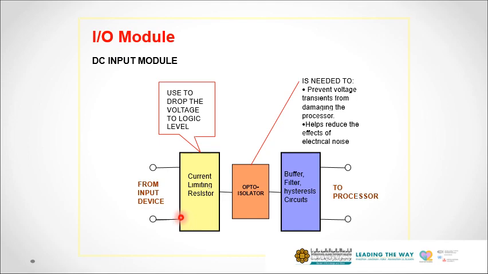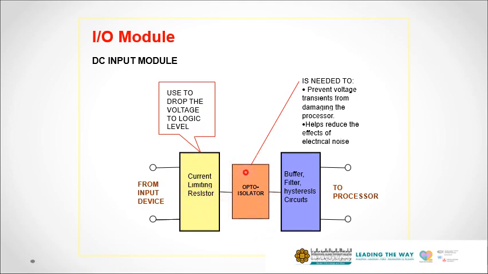So in this case, this is a kind of zoom-in view of the I/O module. So you have a DC input module. In this case, you have your input device. It can be a push button, limit switch, or any discrete sensor, and you have a current limiting resistor followed by an opto isolator.